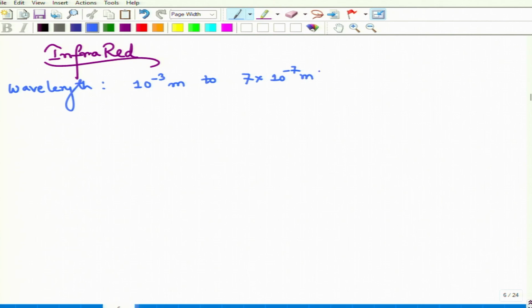One thing you need to mention is that there is no sharp boundary actually. Let's say if it is 10 to the power minus 3 meter, it is not that if it is less than this, then it will strictly be microwave, and here it should be IR. Nothing like that. There is no strict separation. This separation is made by us basically. There are no actual regions in the electromagnetic waves.